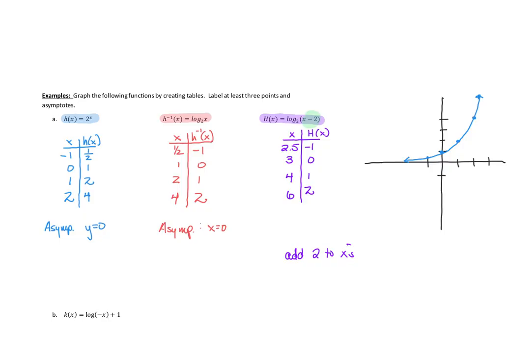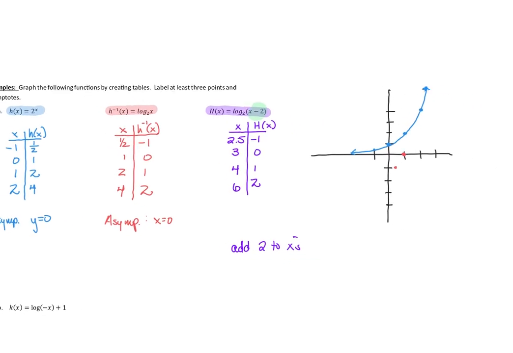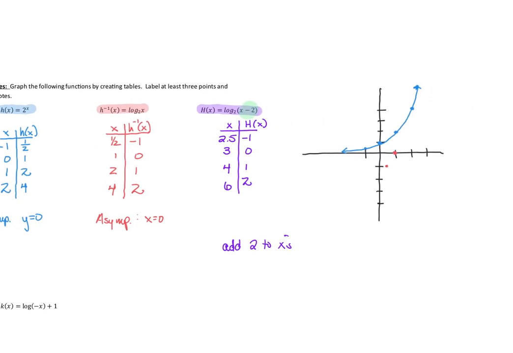All right. Now we're going to go ahead and look at the basic logarithm. And so when we do this, we have 1/2, -1, 1, 0, 2, 1, and 4, 2.